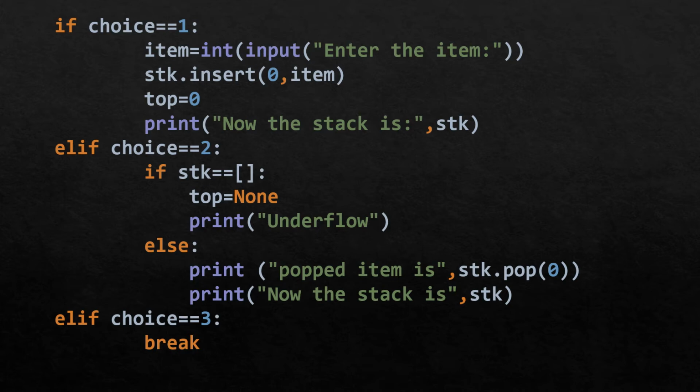Otherwise, it will pop one element from the stack. Here we have used stk.pop, within that we have passed one parameter 0. That means the first element, the element at the beginning of the stack, will be popped. And if the choice is 3, then it will exit by using break.